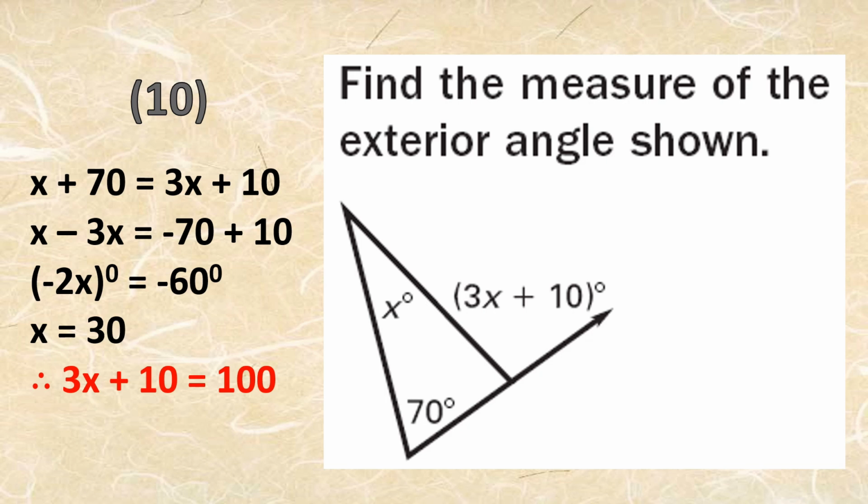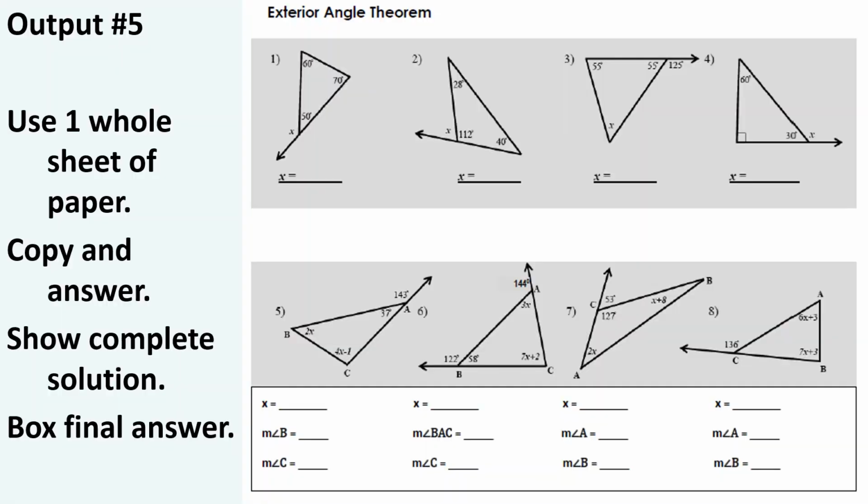Then substitute the value of x to 3x plus 10, because the problem is looking for the measurement of the exterior angle, not just the value of x. So you should be able to solve the assessment items through the several examples. Good luck.